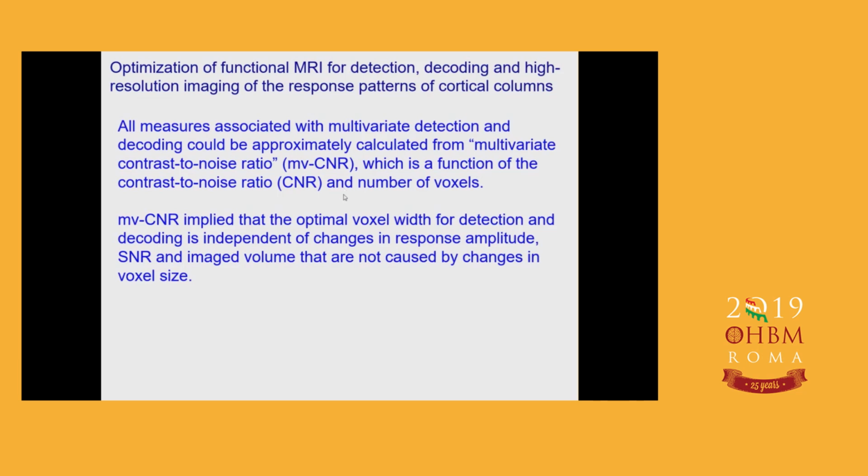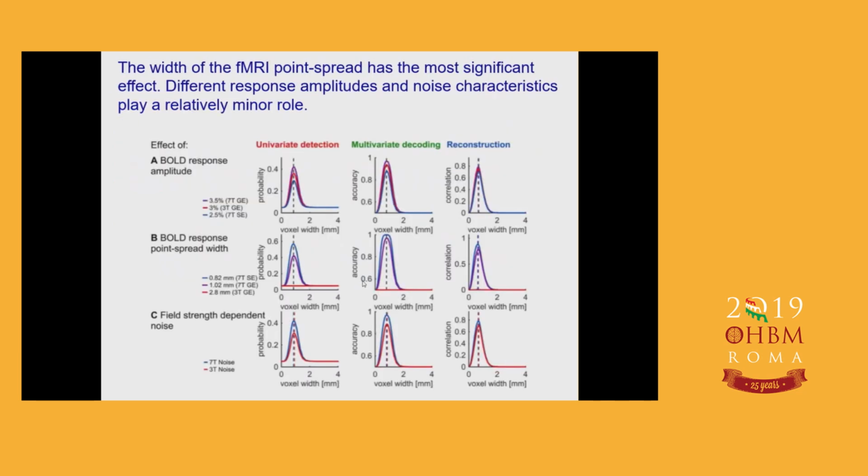So the contrast-to-noise ratio and the number of voxels is a very important measure in predicting the results of decoding and detection of cortical columns. The multivariate contrast-to-noise ratio implies that the optimal voxel width for detection and decoding is independent of changes in response amplitude, SNR, and image volume that are not caused by changes in voxel size.